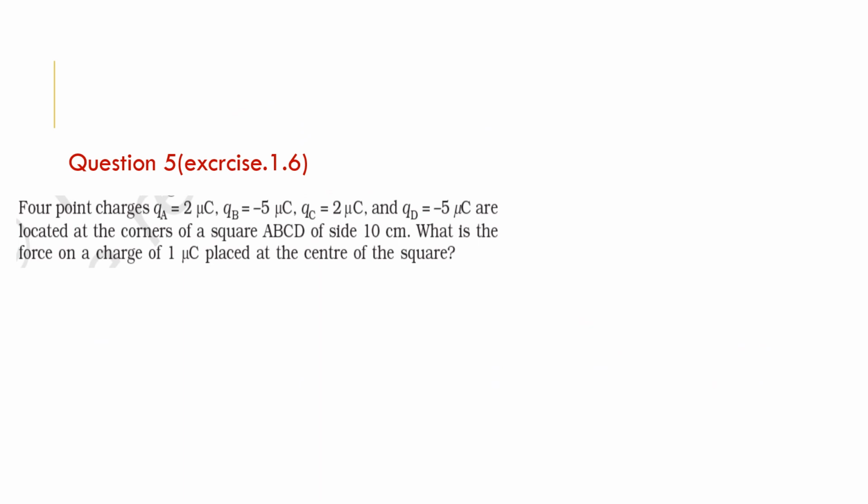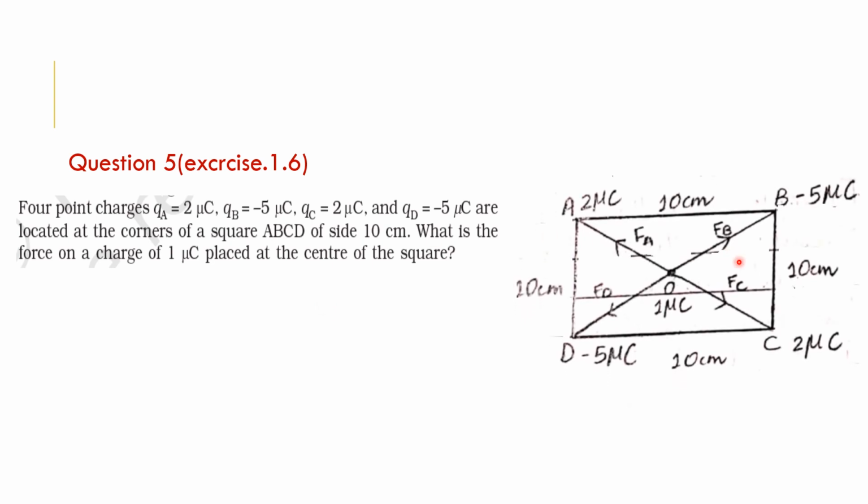Now the next question is example 1.6, question number 5. Try solving this also. 4 charges are given at the corners of a square ABCD of side 10 cm. What is the force on a charge of 1 microcoulomb placed at the center of the square? You have to draw the diagram first. You can note down that the forces at the center due to the 4 charges are equal and opposite.